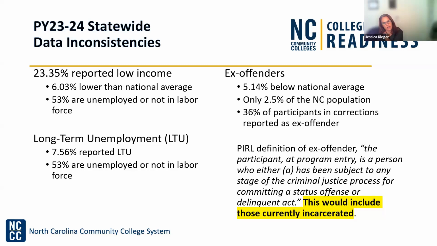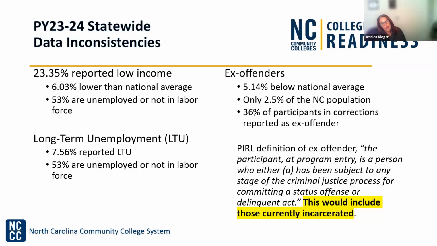And then the other area, and I think this area is more just due to confusion in when and when not to code someone. With ex-offenders, we were 5% below national average, and they represented about 2.5% of the North Carolina population. But 36% of our participants noted that they were in corrections. So with that, I've given you the PIRL definition.